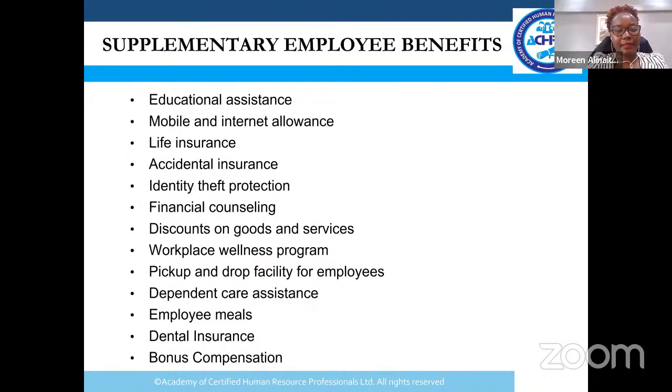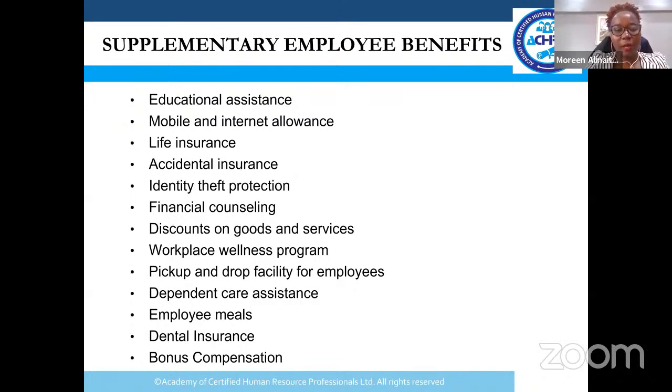They are just supplements: educational assistance, mobile and internet allowance, life insurance, accidental insurance, identity theft protection, financial counseling, discounts on goods and services, workplace wellness programs, pick-up and drop-off facilities for employees, dependent care assistance, employee meals, dental insurance, bonus compensation.